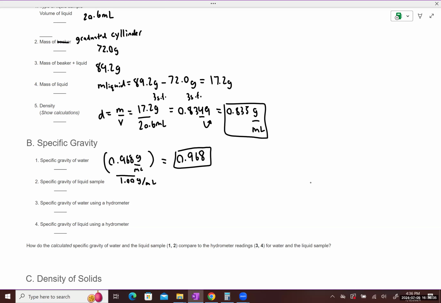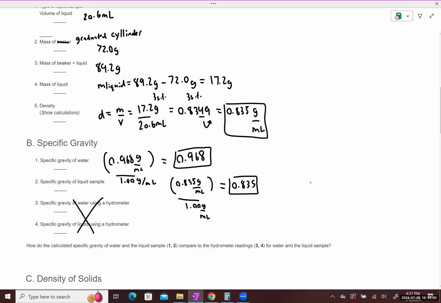The specific gravity of the liquid sample, of course, can be obtained by the same method. We take the density that we measured and we divide by the density of pure water, which is 1.00 gram per mil, roughly. That in turn gives us 0.835 as the specific gravity of our liquid sample.